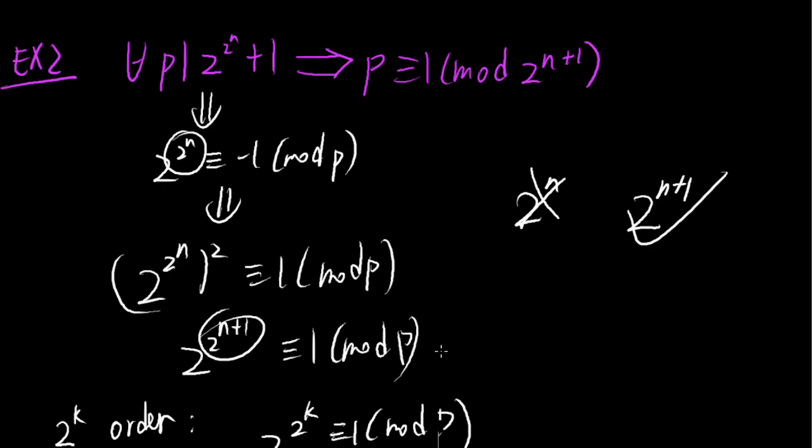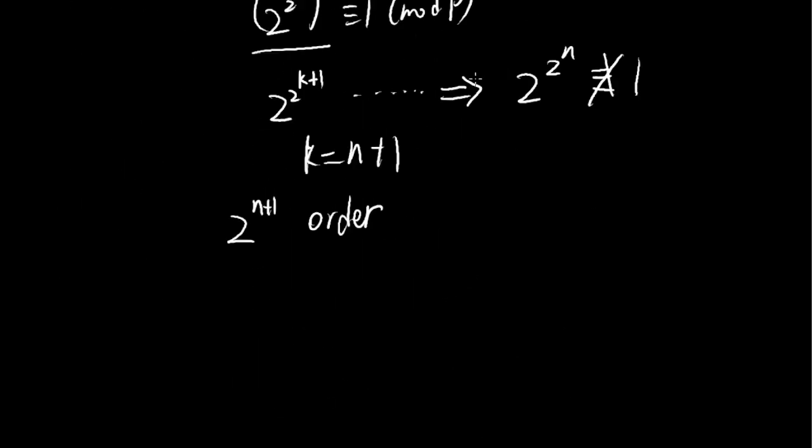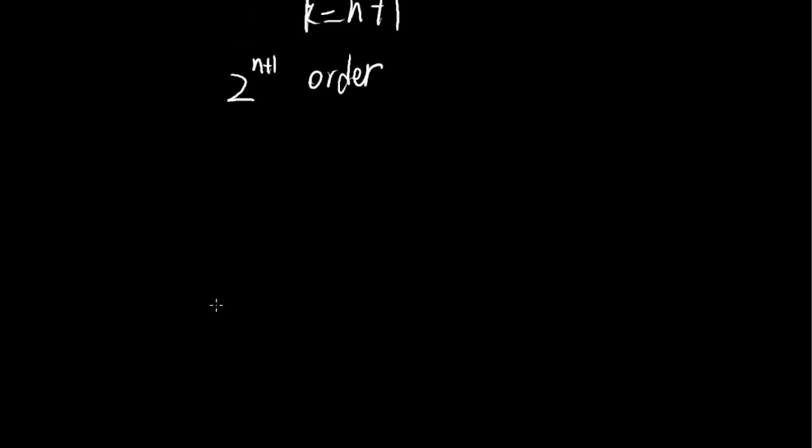And this is great, because what we want to show is that p is congruent to 1 mod 2 to the power of n plus 1. Well, we get this. Let's think about what we can get now.